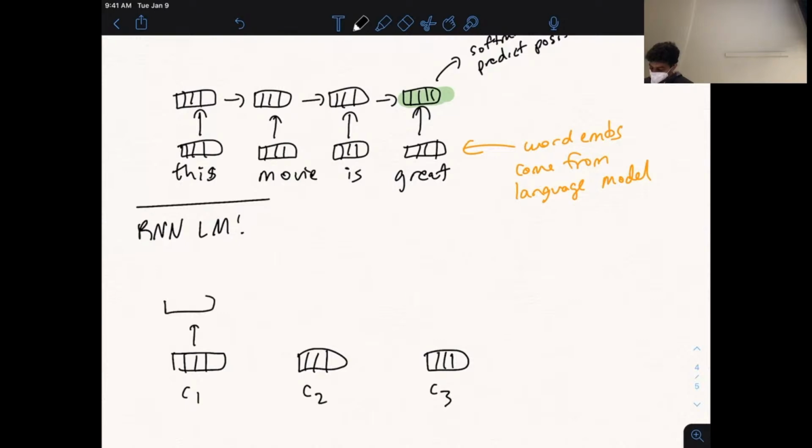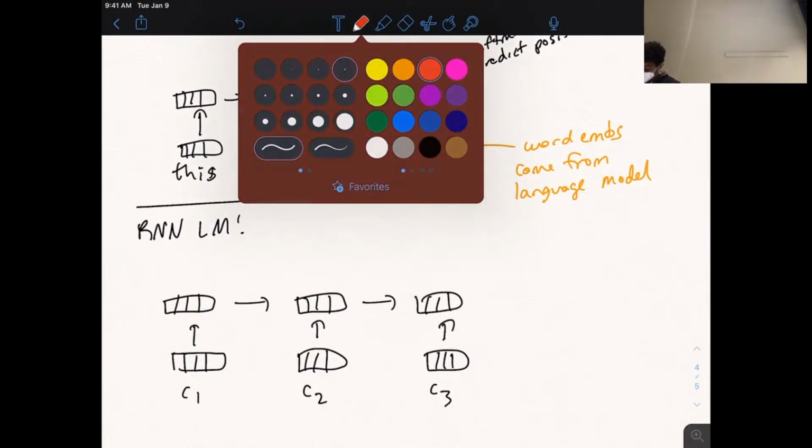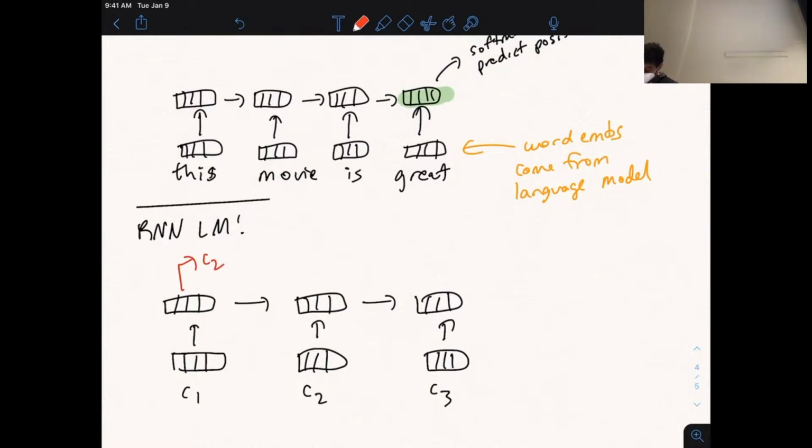So we've already seen how this works, right? It's similar to what we drew above, but instead of having the softmax layer at the end, here at every hidden state, I'm going to predict the next word.